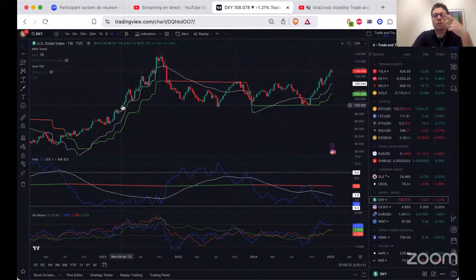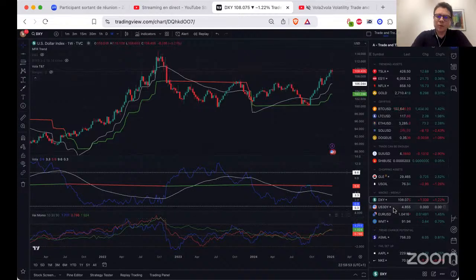But when you look at the weekly, you see, okay, this is a big macro move. The dollar is moving up, and for now, I don't see any stop to this move. So same, you can mark some trade mean value on the weekly to maybe expect a topping cycle.